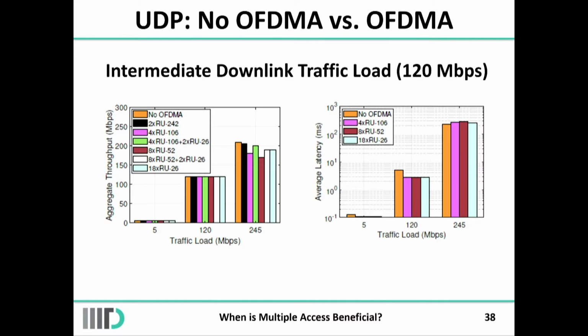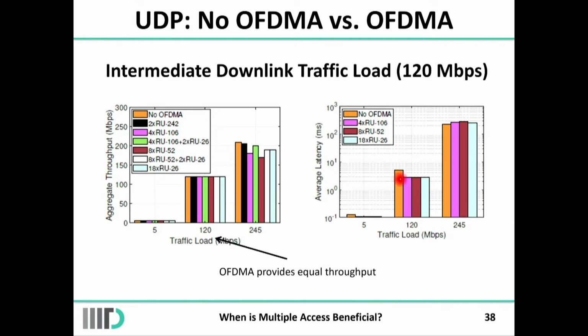Now comes the very interesting part, which is intermediate traffic load, which is 120 Mbps. In intermediate traffic load, what we see is that throughput-wise all are the same. Non-OFDMA, all OFDMA configurations, everybody is able to achieve 120 Mbps. Throughput is all good. The interesting part comes in latency.